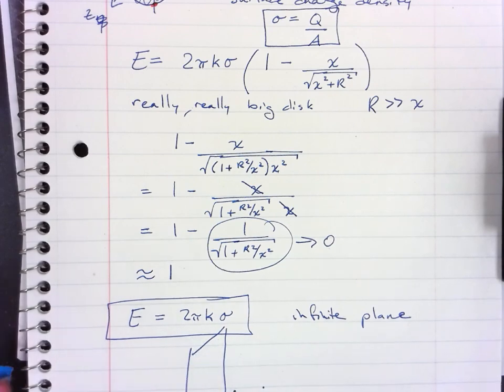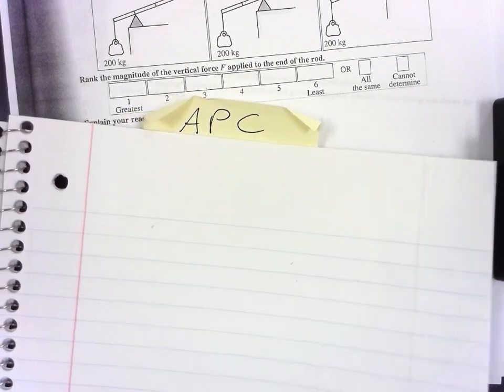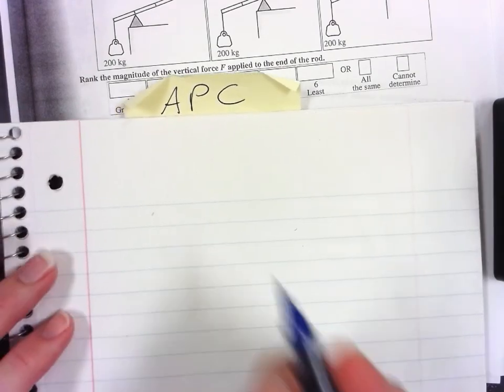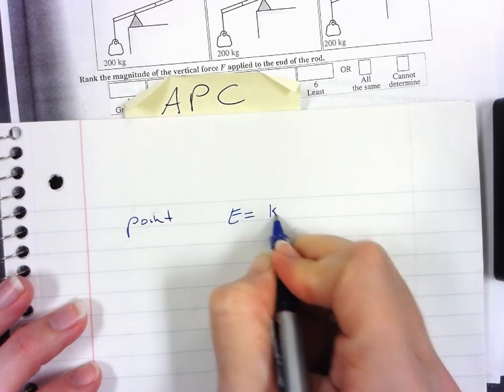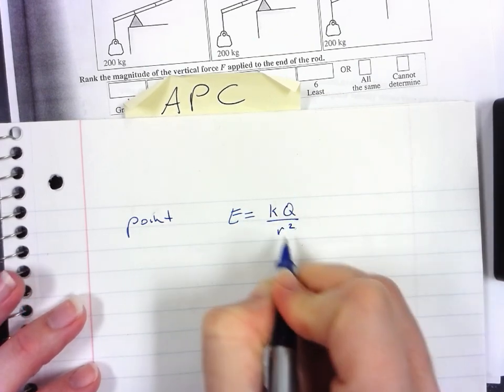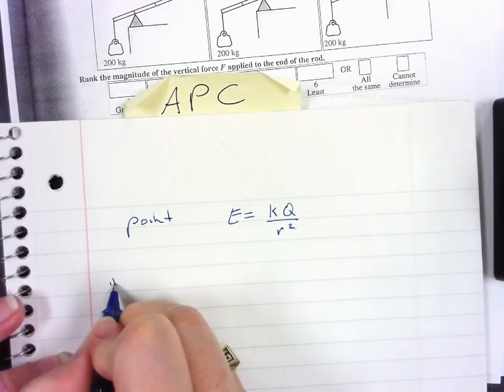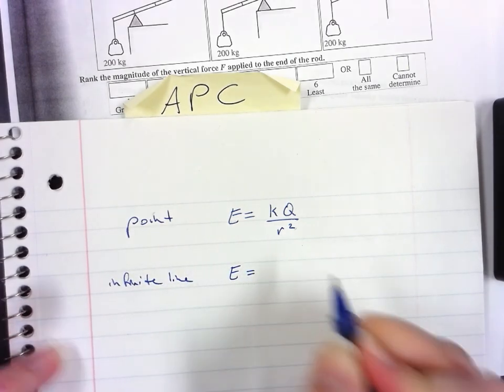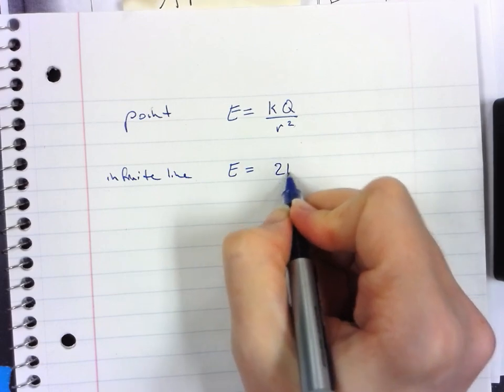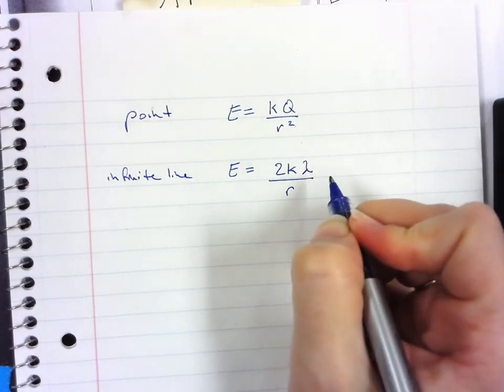So I want to do one summary page just to wrap this up. If we have a point, the electric field is kq over distance squared. If we have an infinite line, the electric field is 2k lambda over the distance.